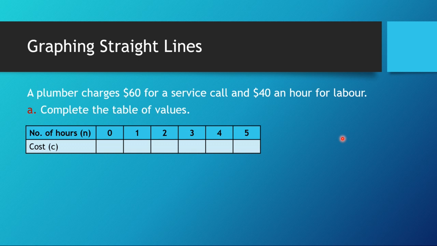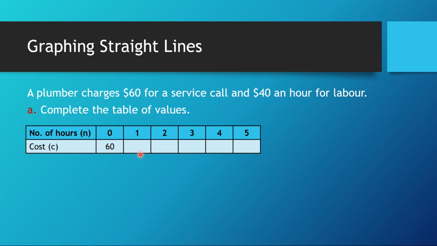So here we have our table of values waiting to be filled in, and we're going to just consider the plumber turning up for 0 hours and then working for 1, 2, 3, 4 or 5 hours. So for the plumber to turn up, it costs $60 for you to pay him or her. So $60.